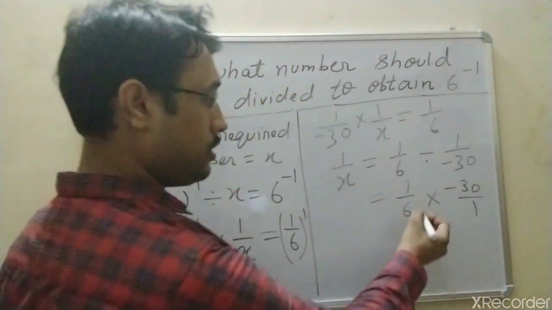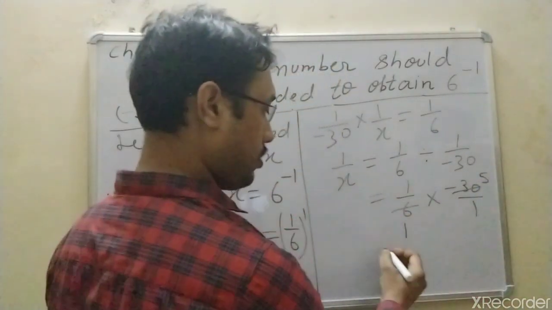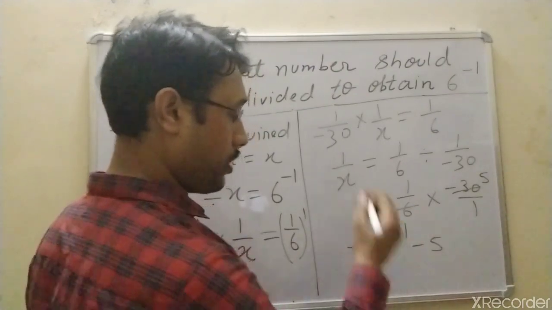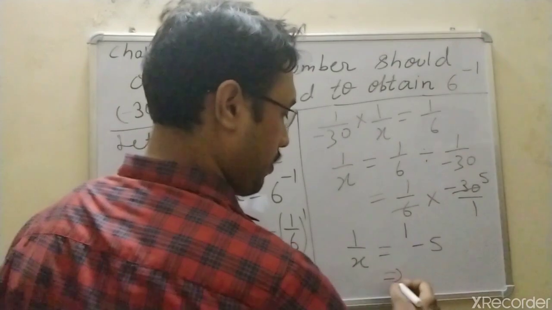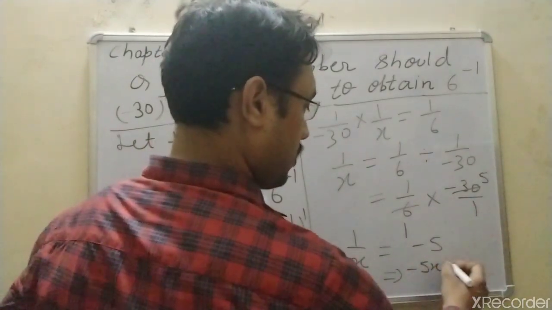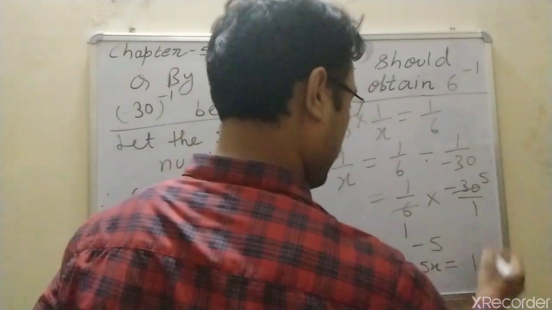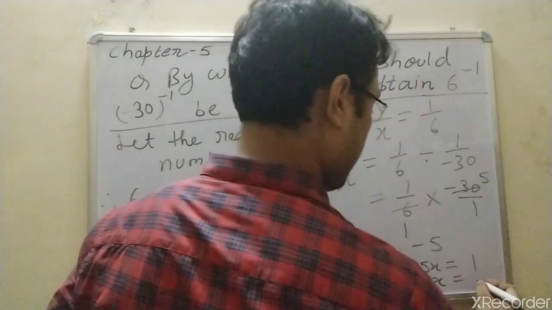Then 6 into 1 time and 6 into 5 times, so you get minus 5. 1 by x is minus 5. Solving this by cross multiplication, minus 5x equals 1. Then x equals minus 1 by 5.